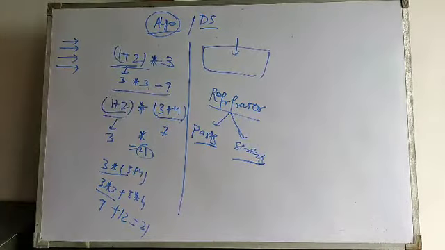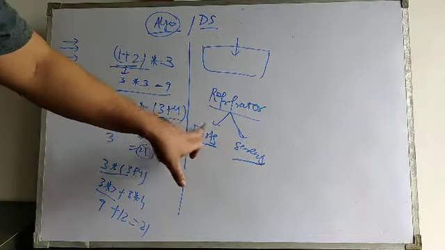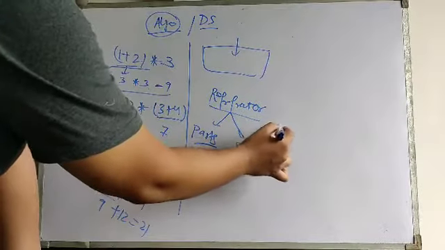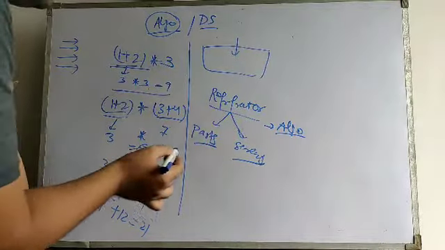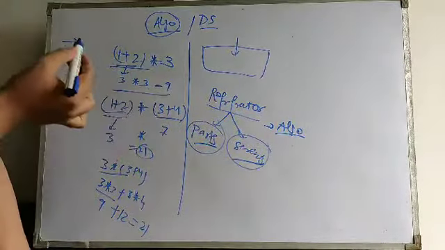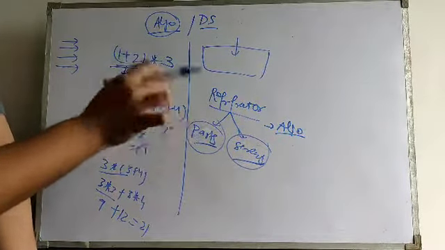So the disassembling process is the algorithm, and whatever you are getting in between, that can be the result or intermediate result.